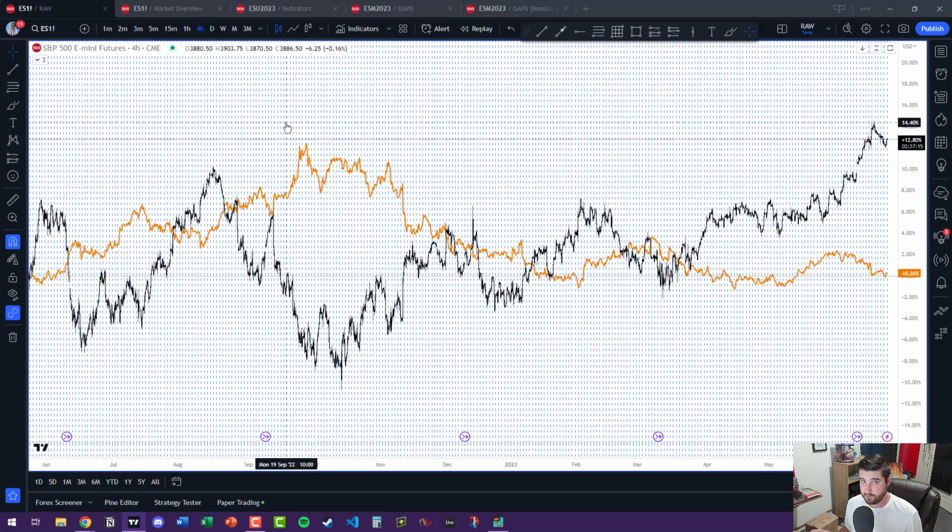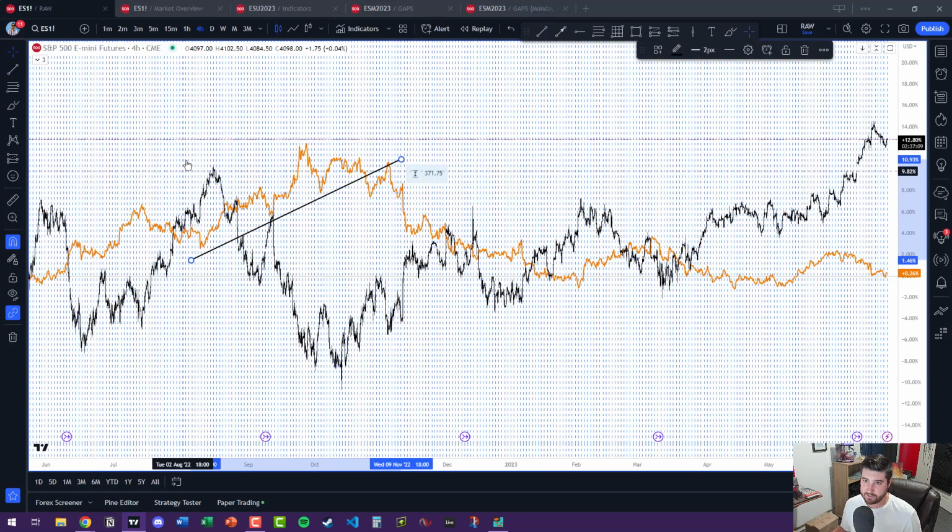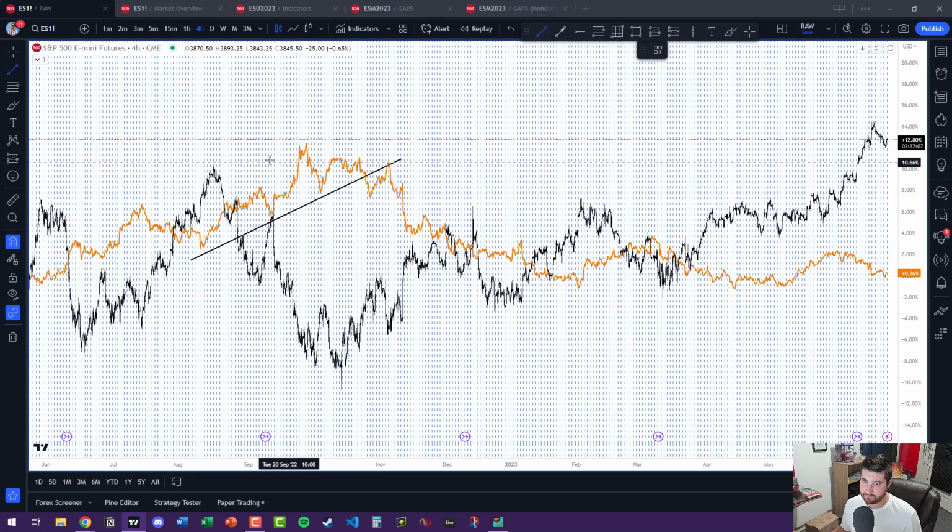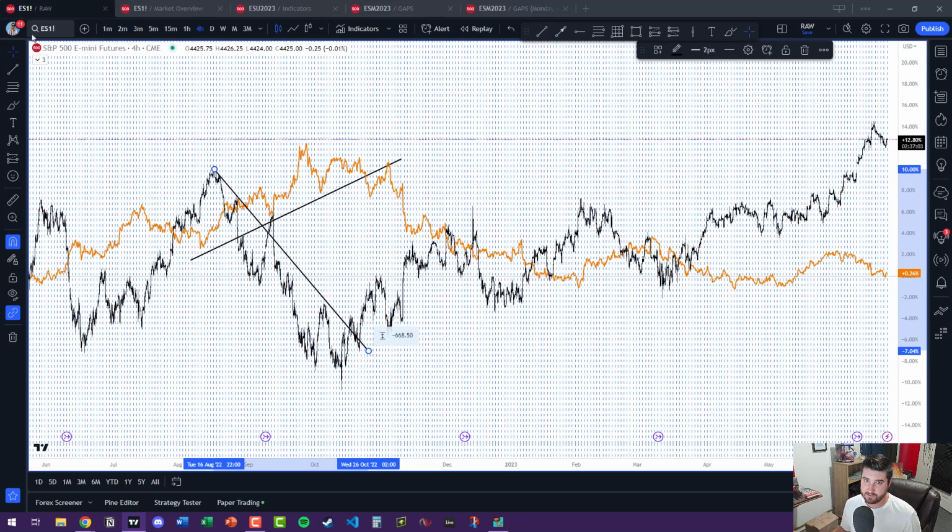A loose rule would be, if you see the dollar going up, usually at the same time you can see the E-mini S&P 500 go down. Now, without getting too technical, there are times when they move together and that hints at something.